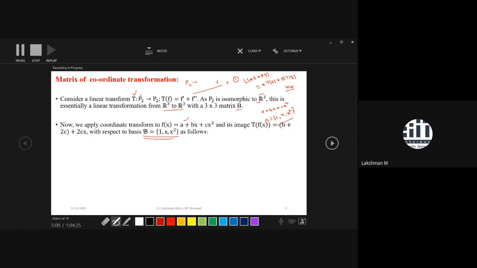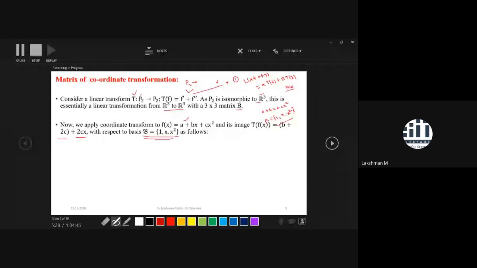If you take the first derivative and second derivative of this polynomial and sum them, the result would be b plus 2c plus 2cx, because that means it is a linear polynomial. The image of T is a linear polynomial under this transformation.